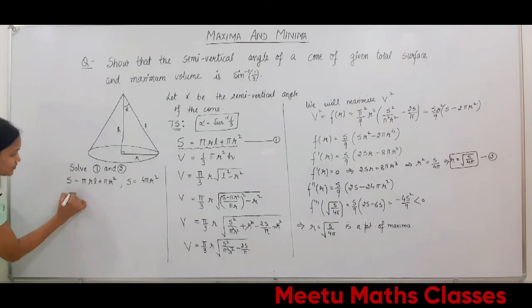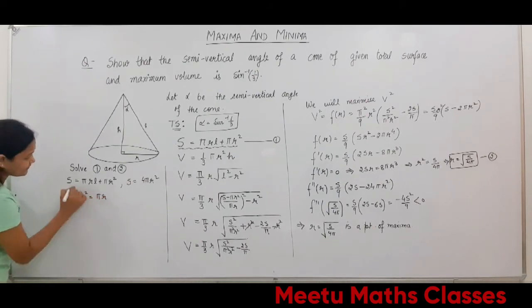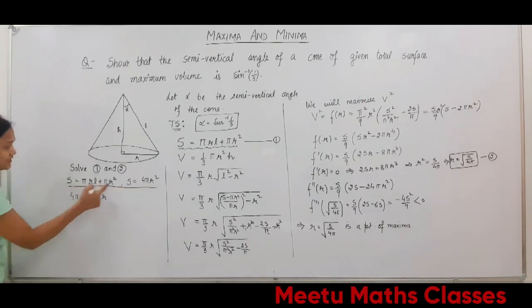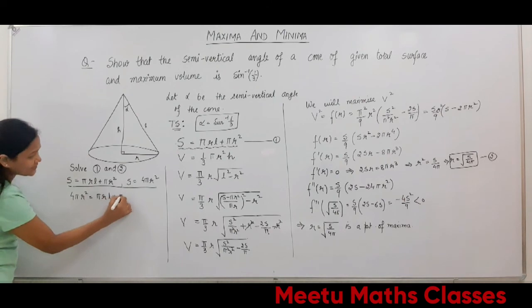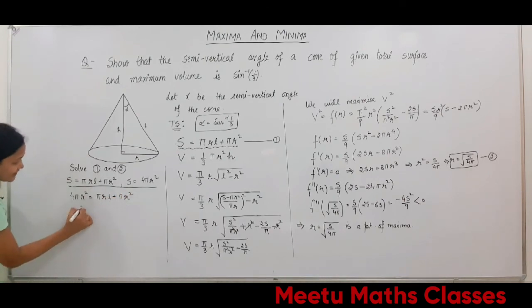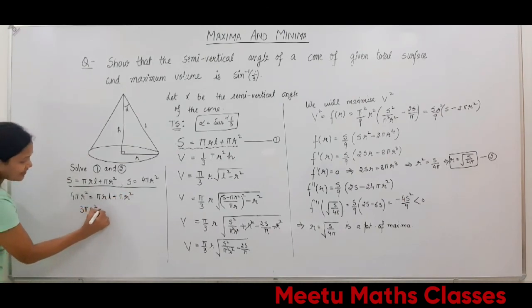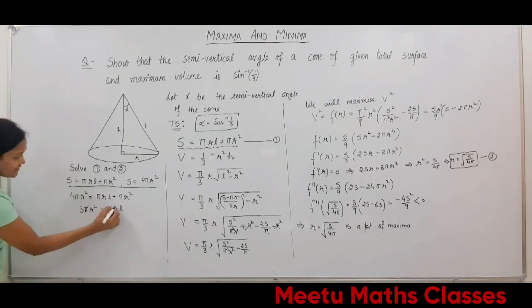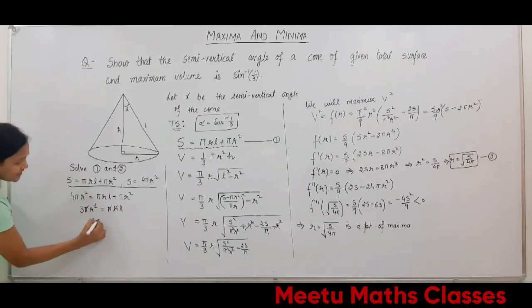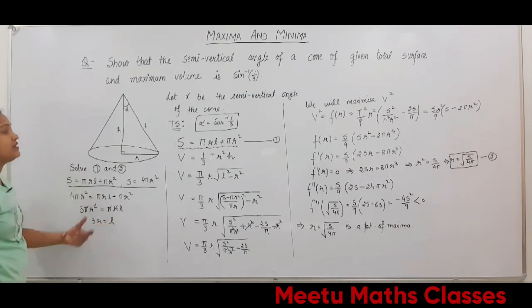If you solve these two together, replace s with 4 pi r square, so 4 pi r square will be equal to pi r l plus pi r square, and that is 3 pi r square is equal to pi r l. Now pi will cancel out, r will cancel out, 3r is equal to l.